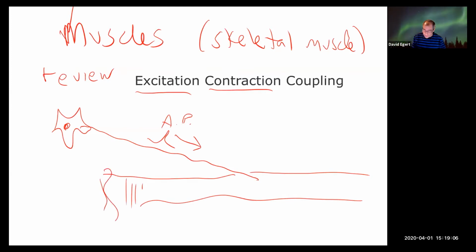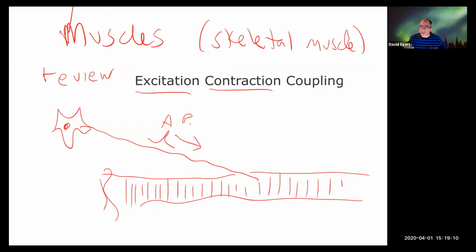Again, it looks kind of striped because of all of those sarcomeres, that alternating arrangement of actin and myosin and actin and myosin. So here we're going to have our neuromuscular junction. The first step of this is there is a motor neuron in your CNS.